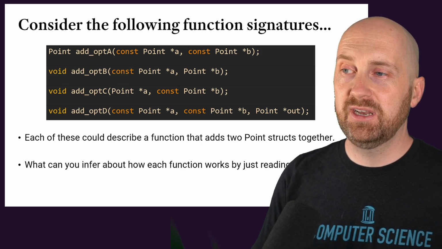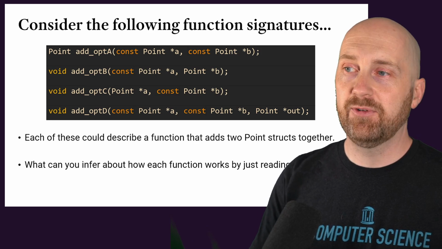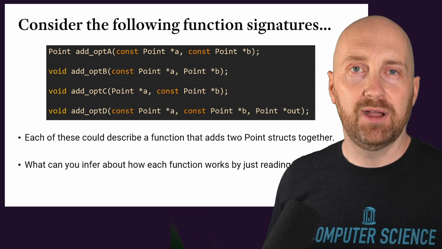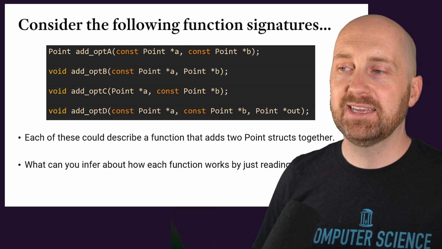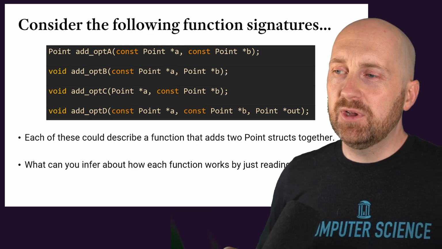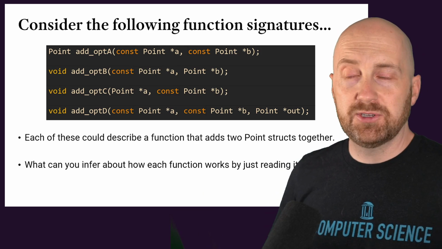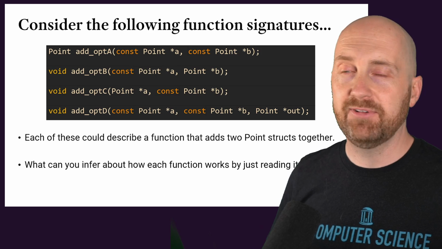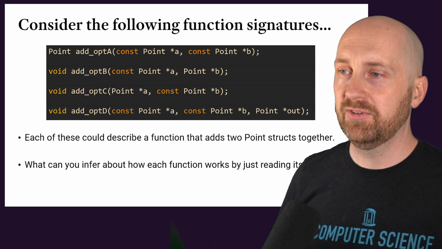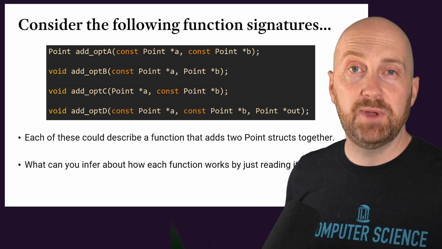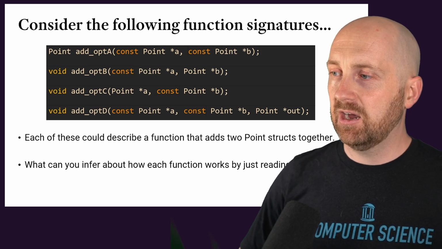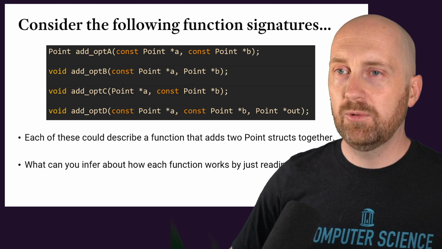Assume that we're trying to implement a function named add for points, and we're giving 2 points, and there's potentially a third parameter there in the last option. But if you can just use the knowledge that we've talked about so far and the implications of using the keyword const as a modifier to the type of these parameters, think through how you would expect each of these functions to work, what guarantees they might give you, and try and jot these things down before we continue on.